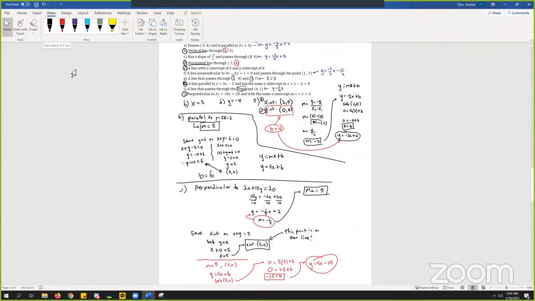Yes, for question C. You got negative 15? It should be plus 15.